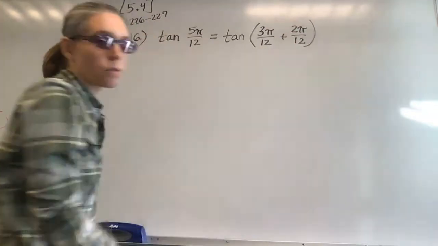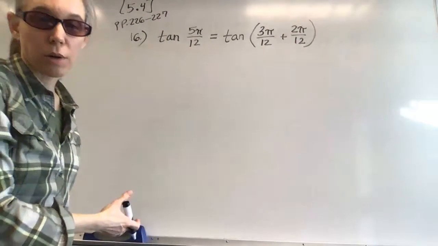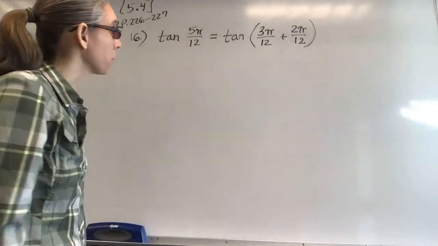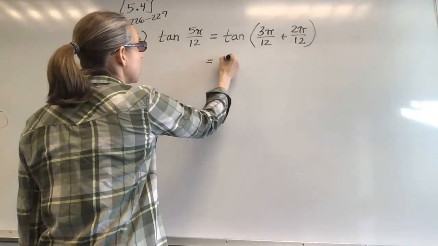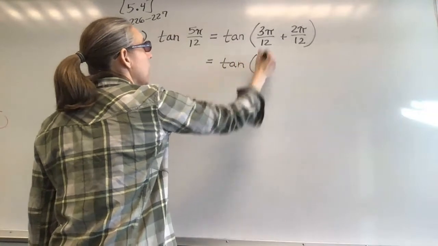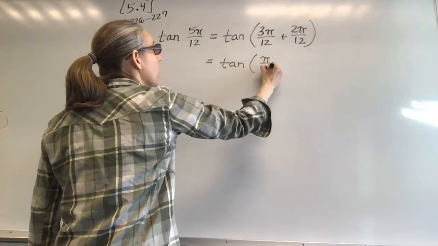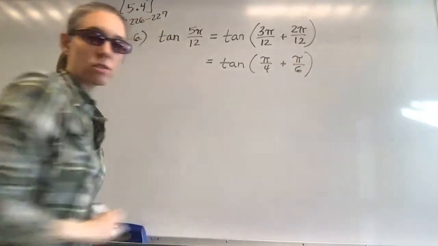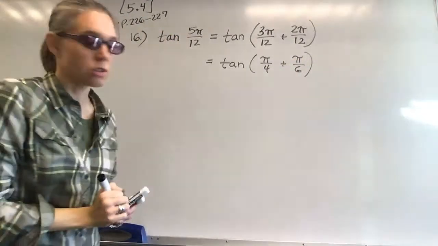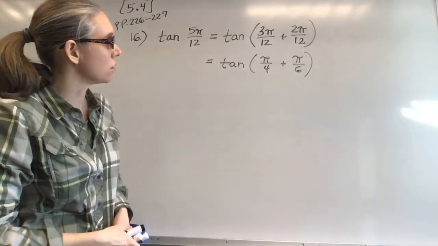Of course, I could have also written it as 2 pi 12ths plus 3 pi 12ths. That doesn't matter. Okay, so now I'm going to reduce to pi over 4 and pi over 6, which are the values that we actually see written on the unit circle.